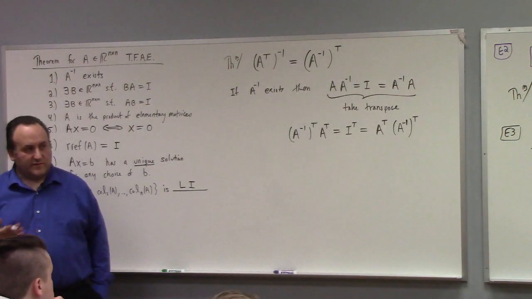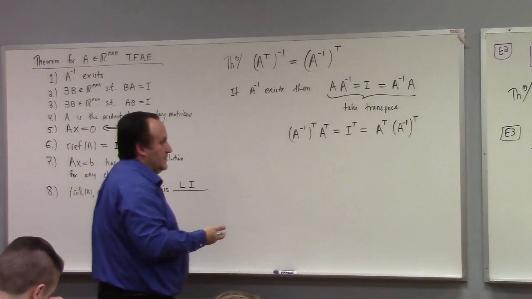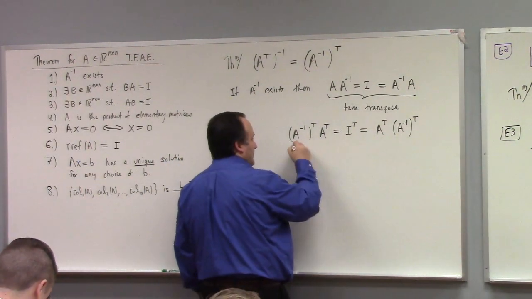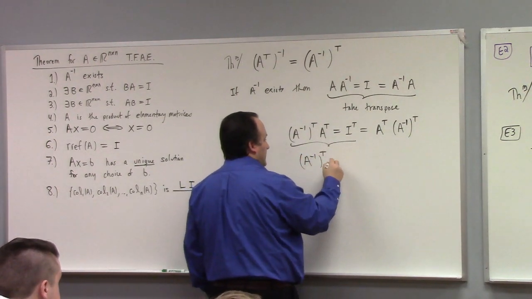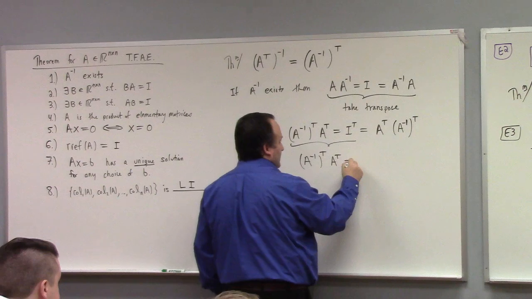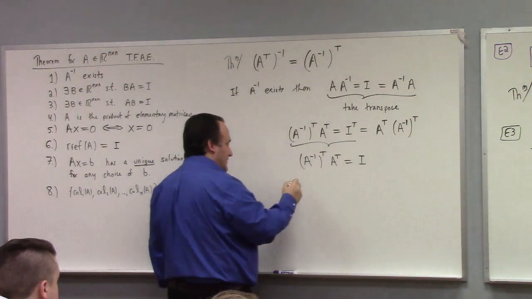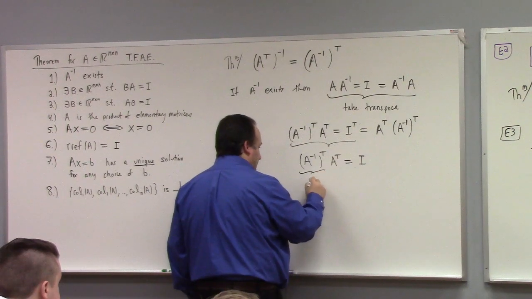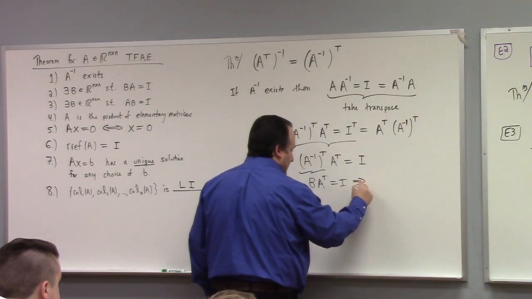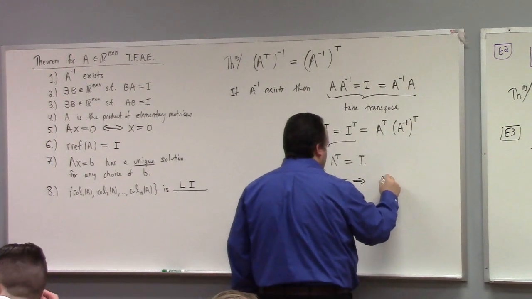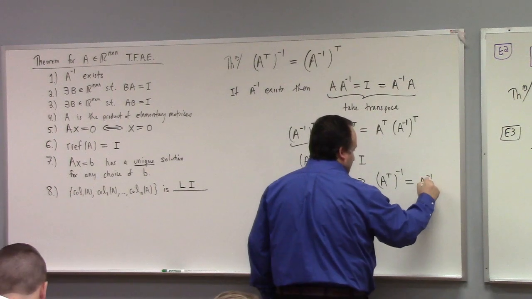Remember, we used the socks-shoes identity. Okay? And so this right here would reveal to us A inverse transpose times A transpose is equal to I, right? So that means that this is a matrix B such that B times A transpose is equal to I, which tells me then that A transpose inverse is equal to A inverse transpose.